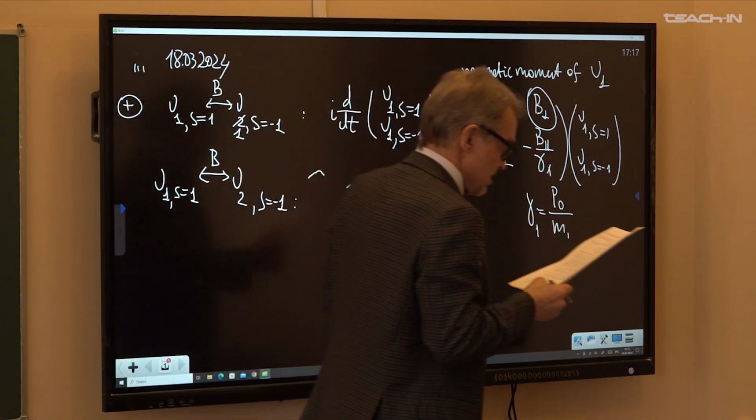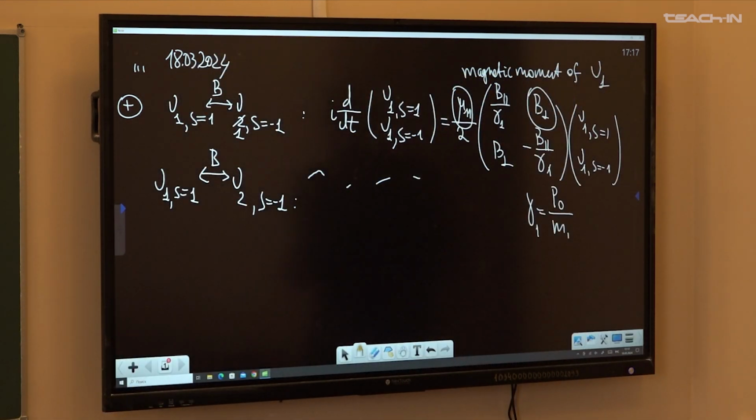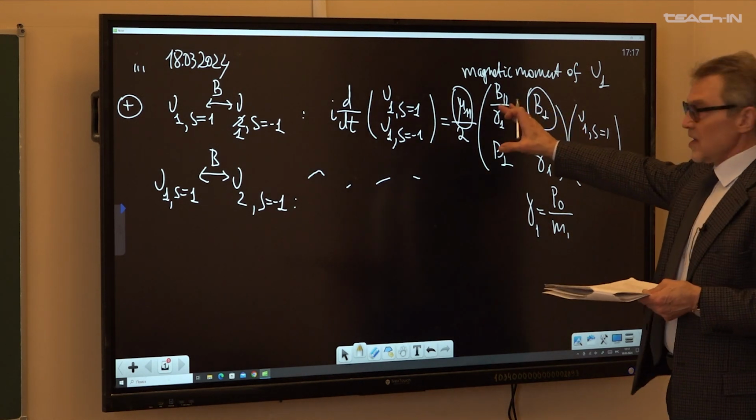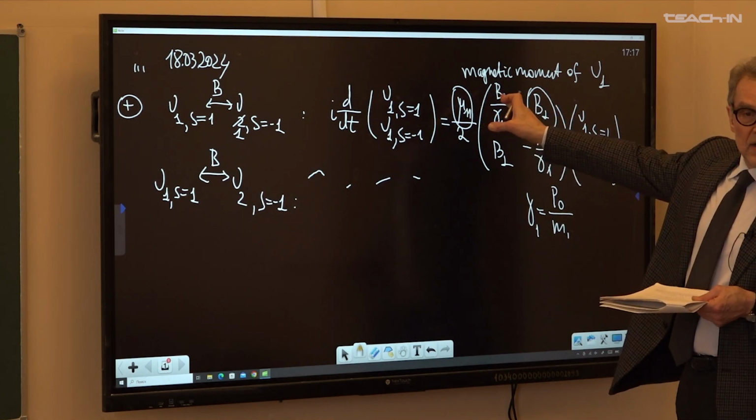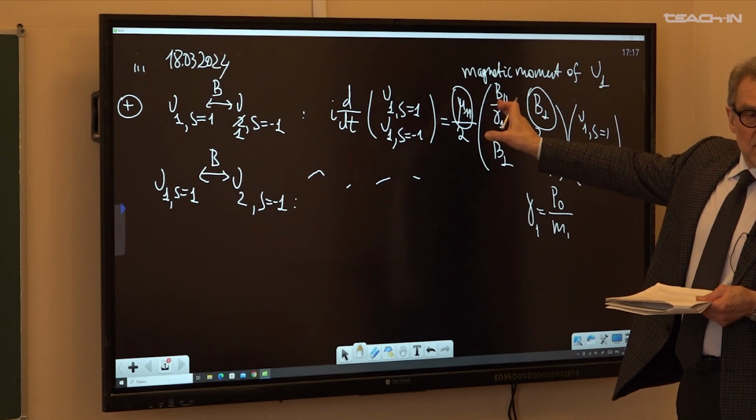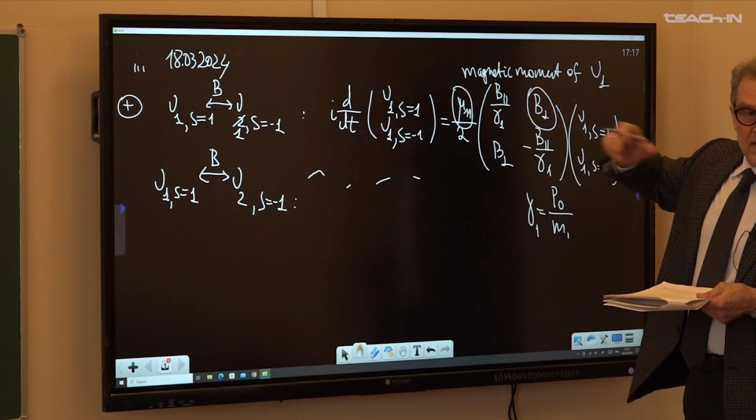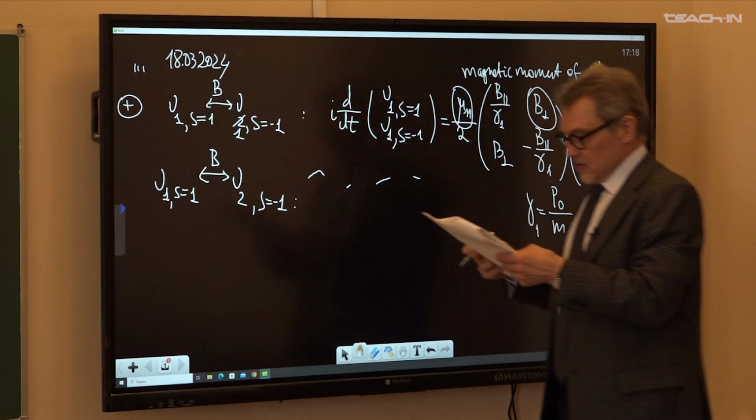So in this case, the expression that we can derive from our more complete 4x4 Hamiltonian will be a little bit more complicated because we should add here in the diagonal the term that describes difference of masses.